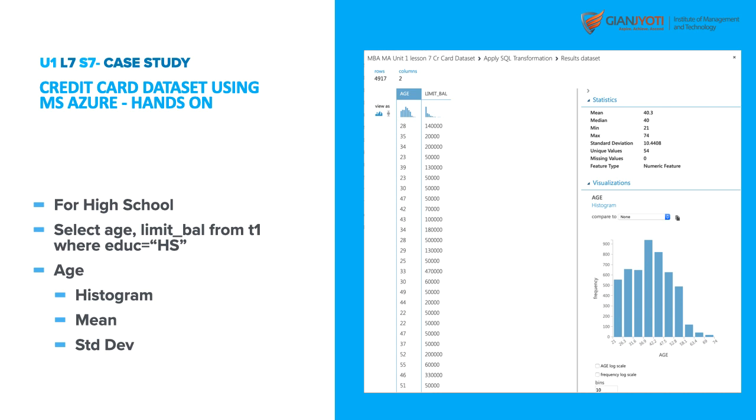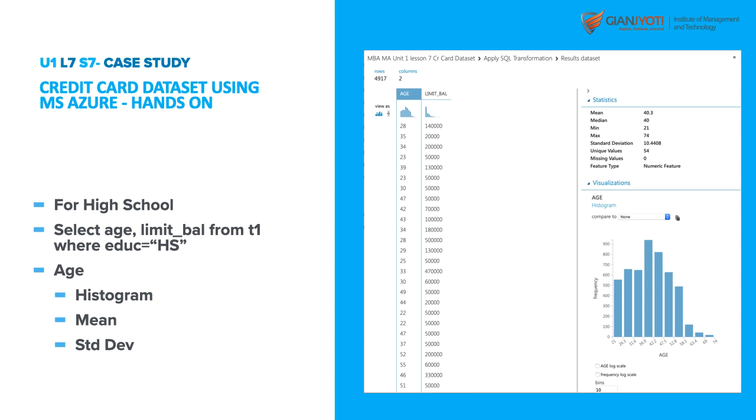And here we are looking at age. The general age for the 30,000 people was around 35. Here the mean is 40.